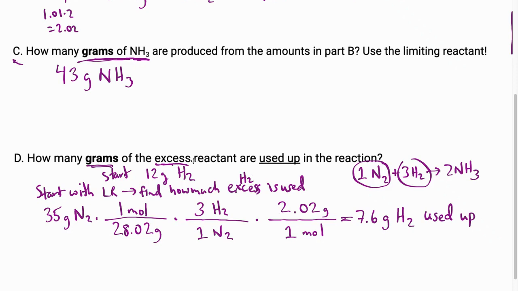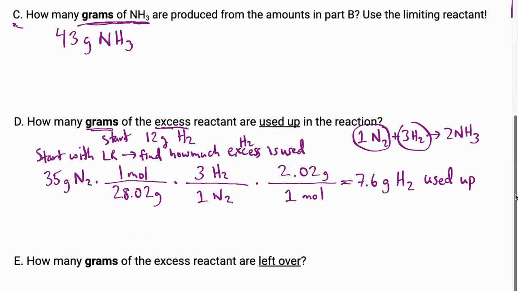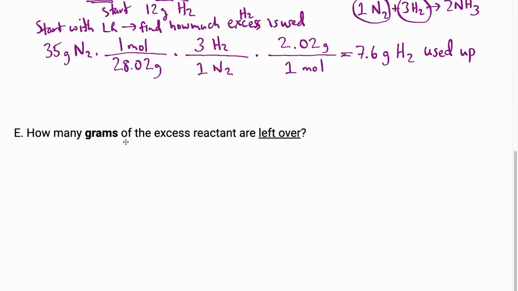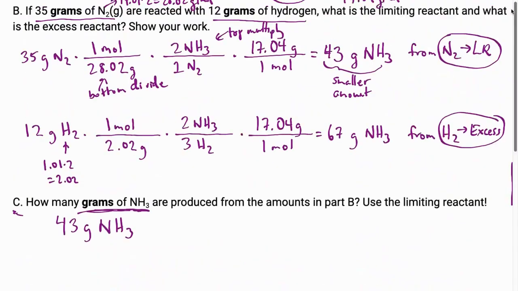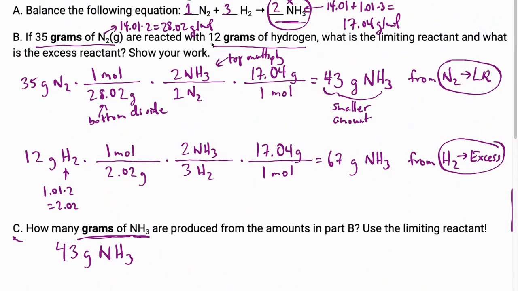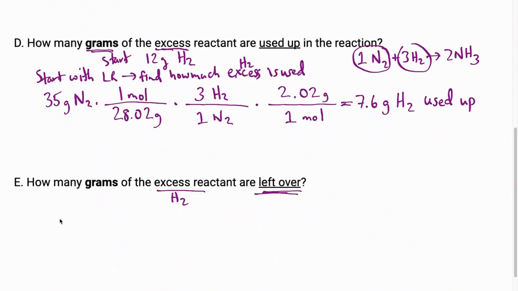All right, so we figured out how many grams of the H2 are used up. Finally, we're going to find the grams of excess reactant left over, and this is the excess, our H2. Going back to the very beginning of the problem, we are starting with 12 grams H2 at the start.